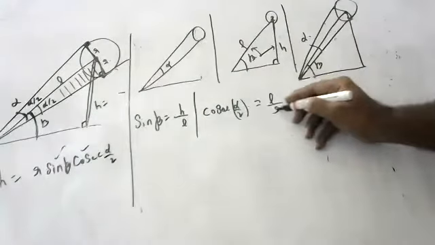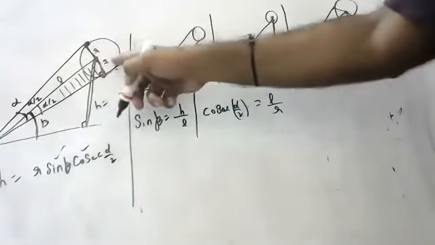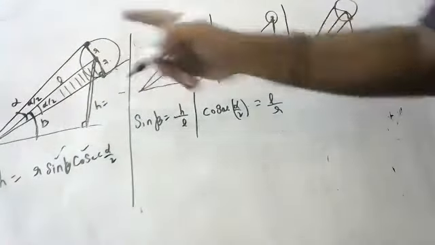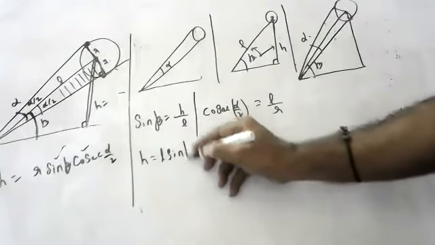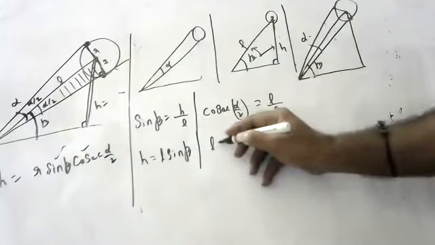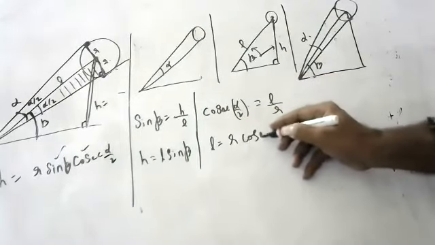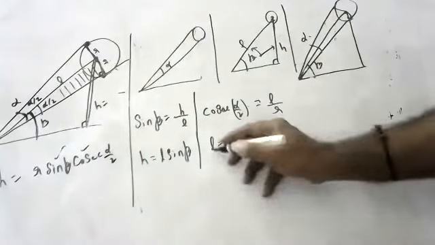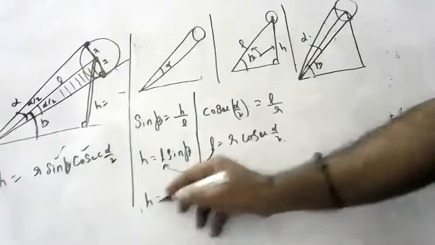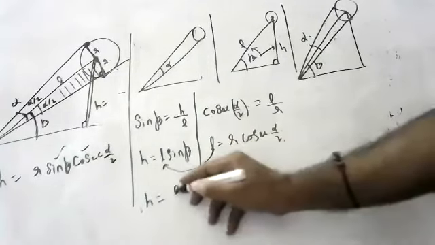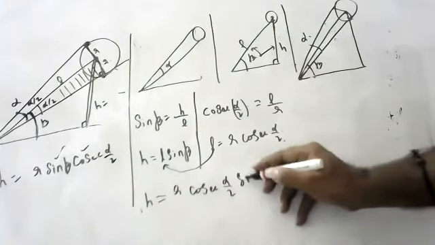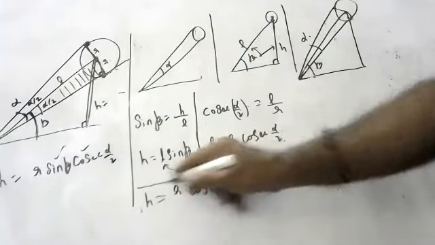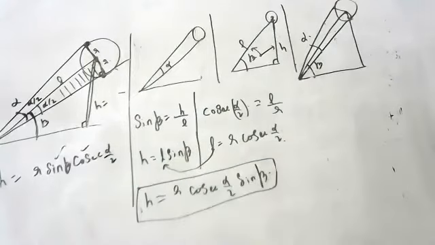So h is equal to L sine beta, and L is equal to r cosecant alpha by 2. Substitute L here. H is equal to r cosecant alpha by 2 sine beta. Over, that's it. Question is very easy. Only thing is the diagram, many people get confusion.